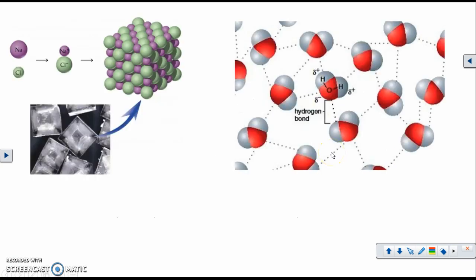Here we have another example of intermolecular force. This is called ion-ion interaction, and the reason it's called that is that it's an interaction between two ionic particles. If you can see this, the green blobs are chloride ions, and the purple blobs are sodium ions.